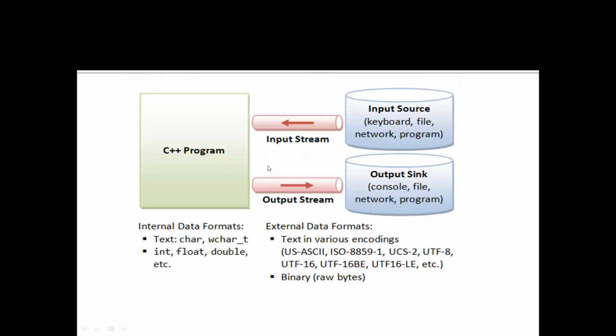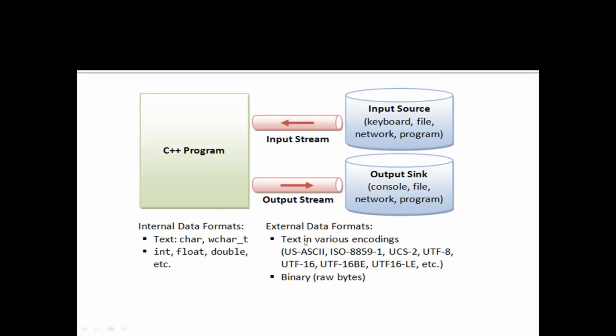See the diagram over here. This is a C++ program. In this you will be giving the data in the form of char, int, float, double. That is nothing but the output stream.